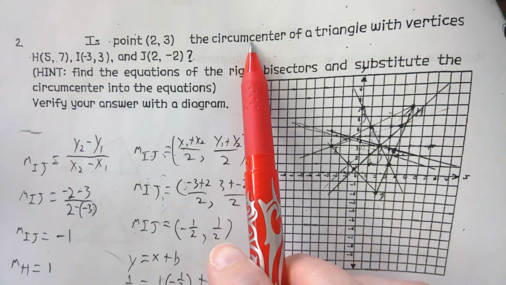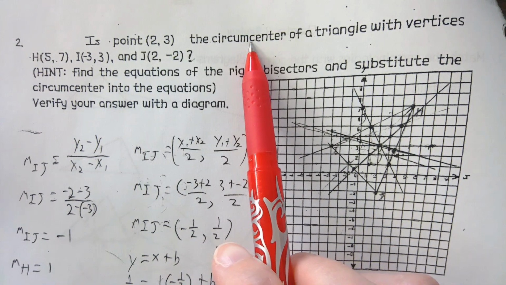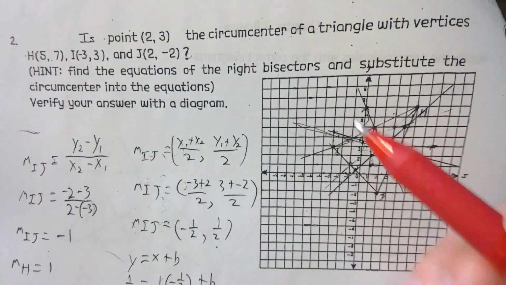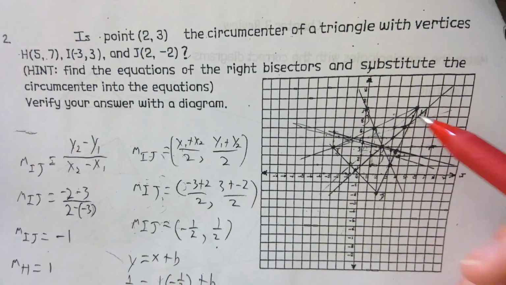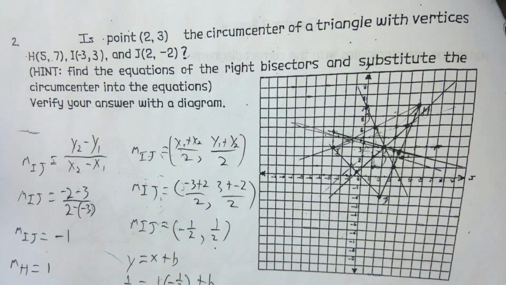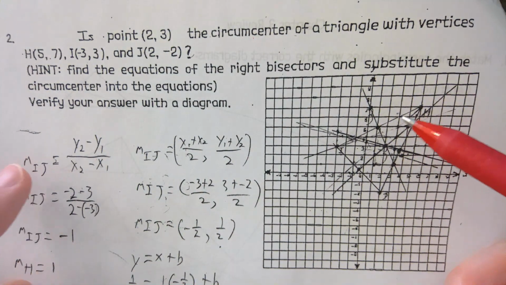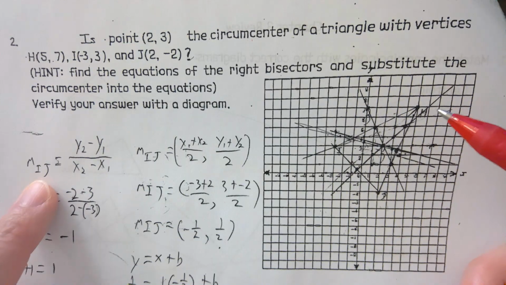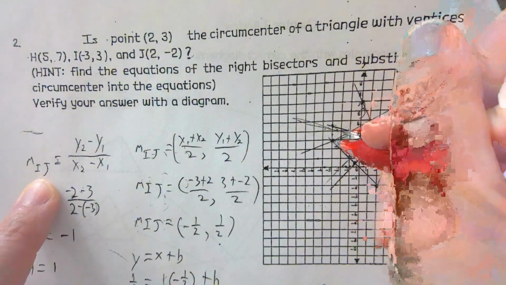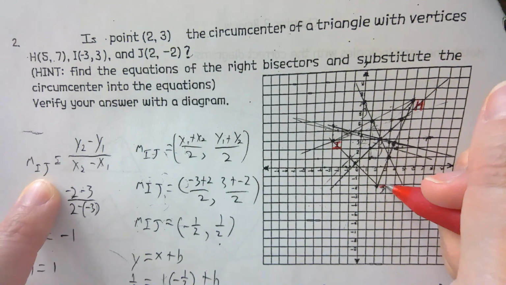I'm not asking for the definition, but you need to know what you're looking for. So again, what is circumcenter? Yep, right bisectors. So you're looking for the right bisector of this side, this side, and this side. So first step is finding the midpoint and the slope of I and J. This is point I, this is point H, this is point J.